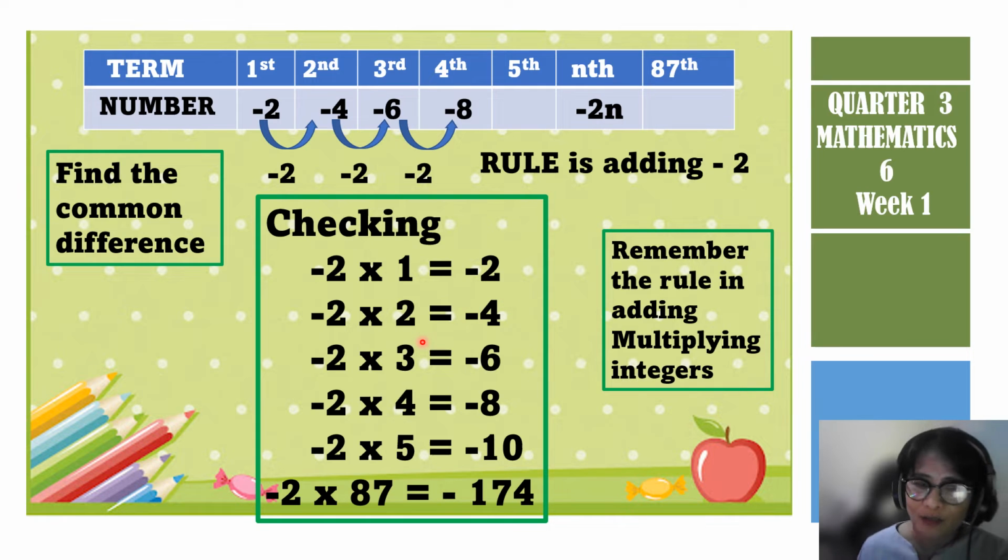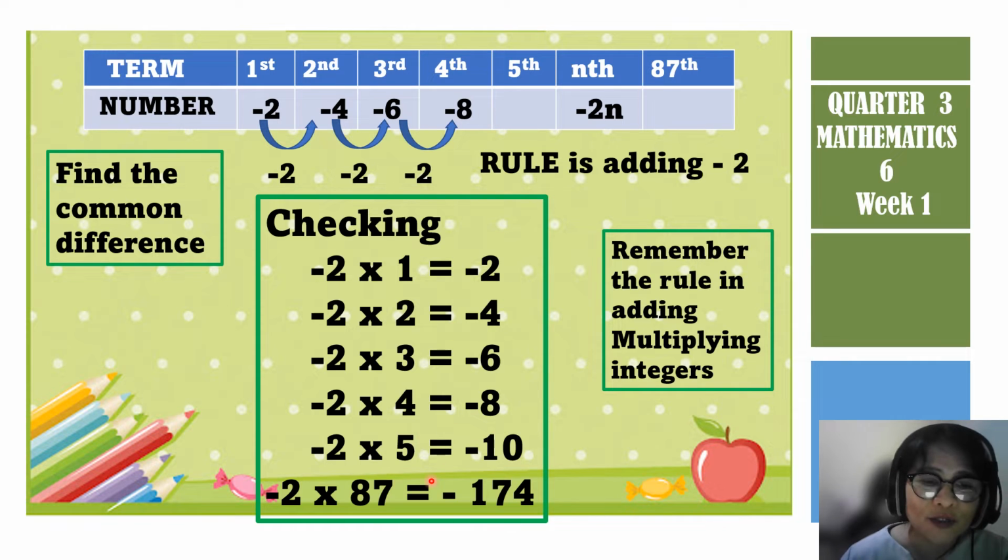Kasi natatandaan nyo ba, to multiply, unlike sign, the answer is negative. Kaya ito ay negative 4. Tama tayo sa second term. Yung negative 2 times 3, unlike sign pa rin sila, kaya ang sagot ay negative. You just multiply. Tama na naman tayo. And then negative 2 times 4 is equals to negative 8.